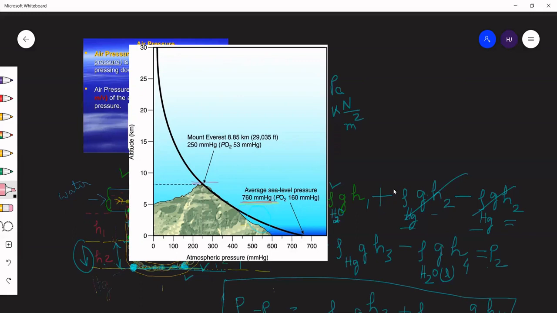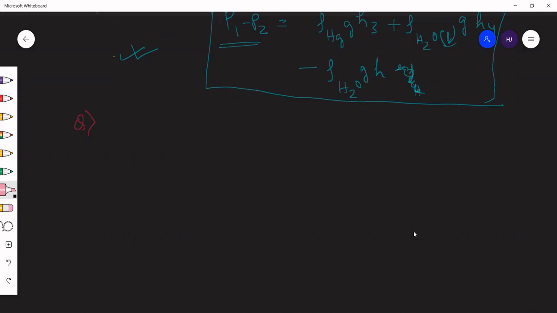Same thing, if you go up, the atmospheric pressure reduces by how much? 110 mm. That means 250 mm mercury. As you go up, pressure gets reduced. Calculate the pressure in Newton per meter square. The question is like this. Calculate the pressure in Newton per meter square.